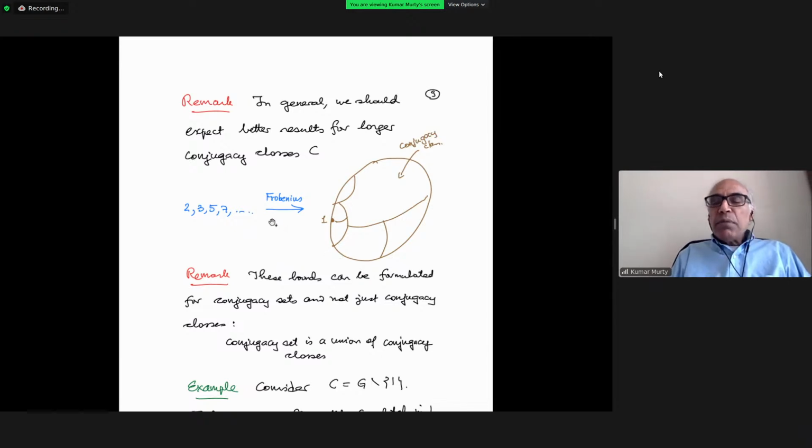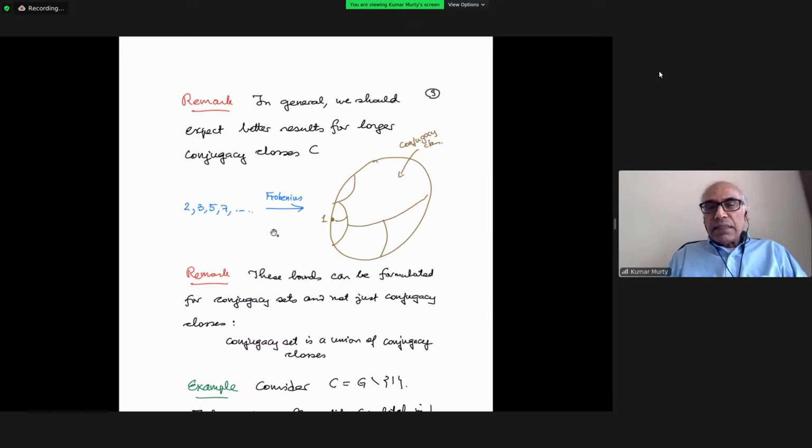But in this problem of the least prime in the conjugacy class also, there should be some dependence on the conjugacy class. You shouldn't just get a theorem that says log discriminant squared or discriminant to an absolute power. There should be some dependence on the conjugacy class, because the heuristic is, if it's a bigger conjugacy class, you'll hit it faster. If you're throwing primes at the dartboard randomly, then you will have a better chance of quickly hitting a large region. Okay, so the bounds should somehow depend on the conjugacy class, and at the moment they don't. That's something to think about.